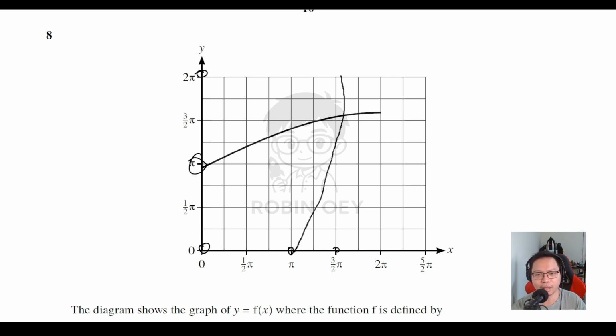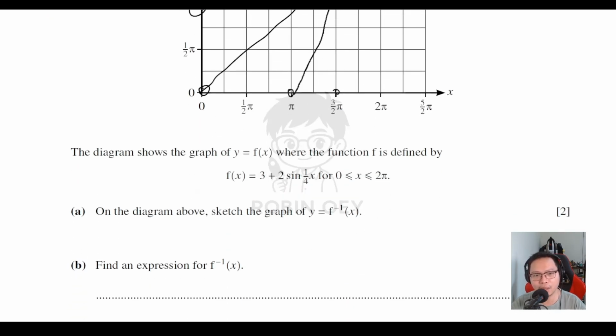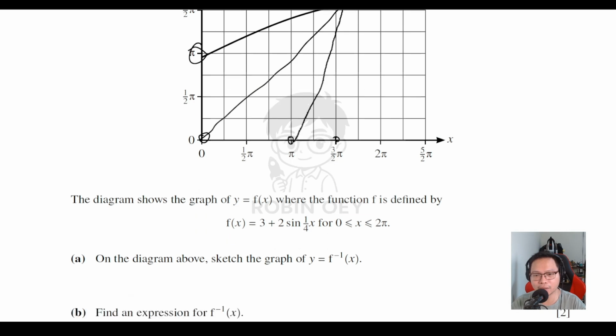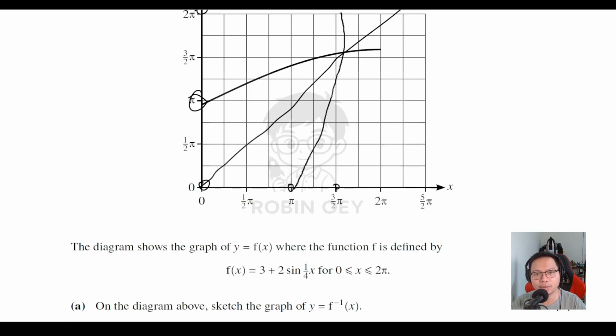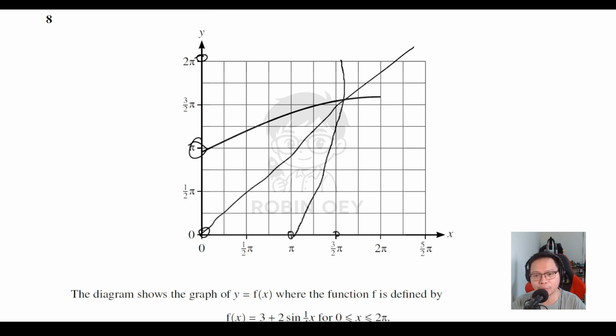That is how you make a graph for the inverse. And the mirror line is this, the y equals x mirror line. So that would be A on the diagram. Every time you sketch the graph, please draw the mirror line, just to make sure.